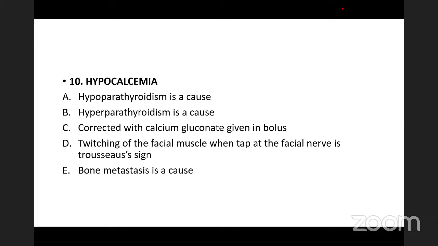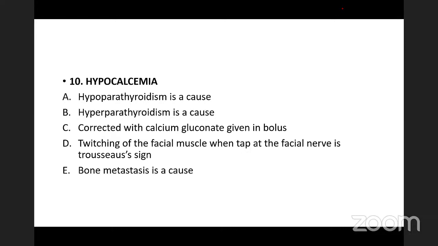Twitching of the facial muscles when tapped at the facial nerve is Trousseau's sign. Okay, that is false, because when you tap the facial nerve at its exit, okay, and you have twitching of the face, that is Chvostek's sign. Trousseau's sign is when you have spasm of the hand, okay?